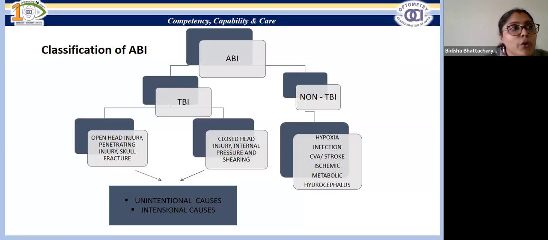First, we are going to talk about traumatic brain injury. But prior to that, apart from the clinical definition, there is another definition given by the World Health Organization: acquired brain injury refers to damage to the brain occurring after birth and unrelated to congenital or degenerative diseases.